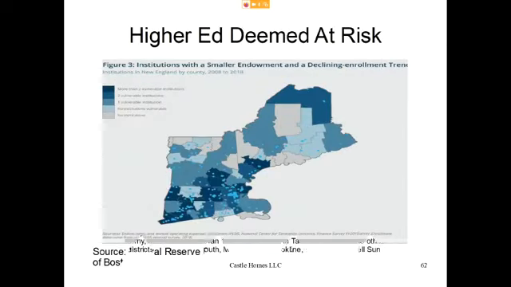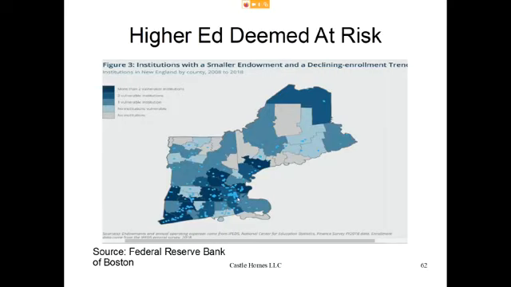And looking at higher ed, the Federal Reserve Bank of Boston put this out. So the darker it is, the worse it is per county. You have two or more vulnerable, two, one, none, or no institutions. So Boston, it's kind of hard to see. It's distorted here on the map.